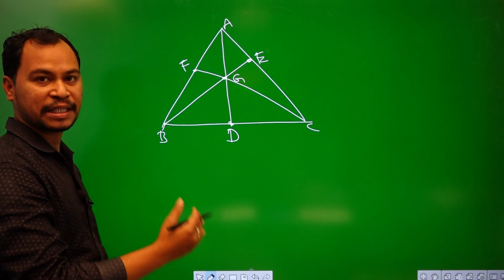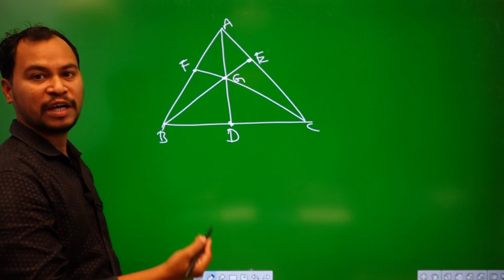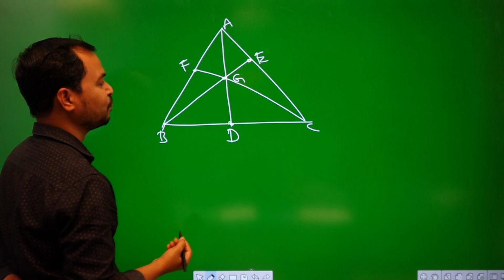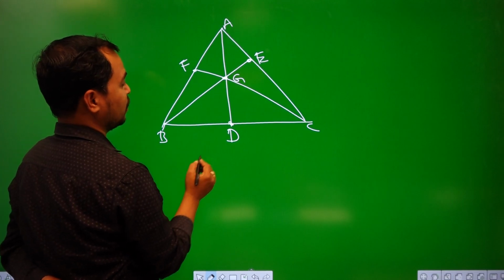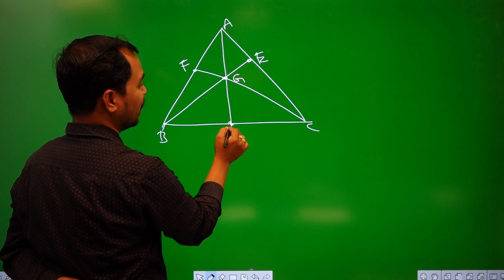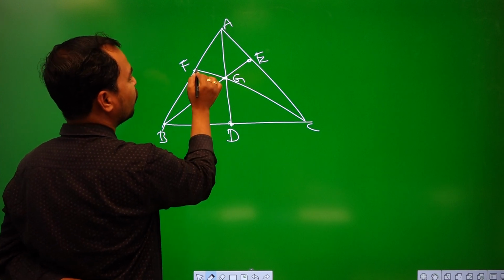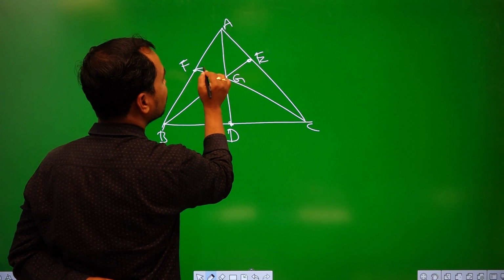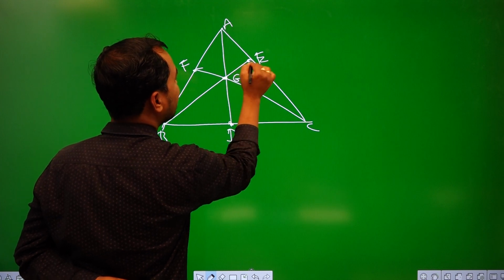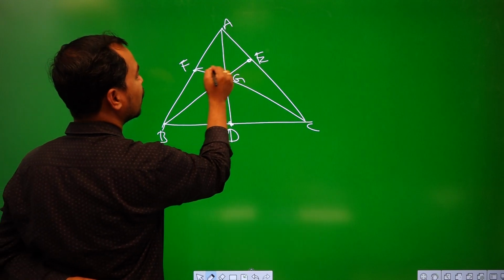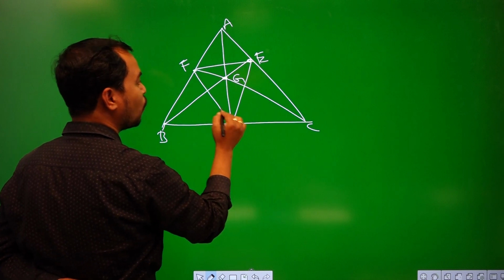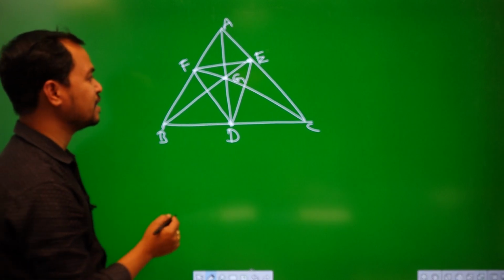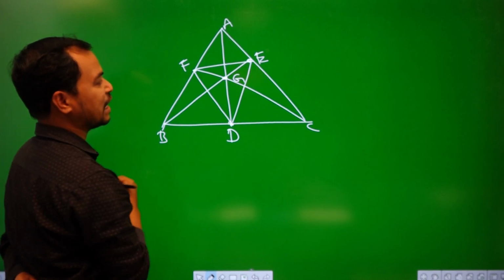G is (x1 plus x2 plus x3 by 3, y1 plus y2 plus y3 by 3). And here, if you observe, D, E, F are midpoints. If I join these midpoints, I get another triangle, the triangle formed by the midpoints of triangle ABC. DEF is another triangle.